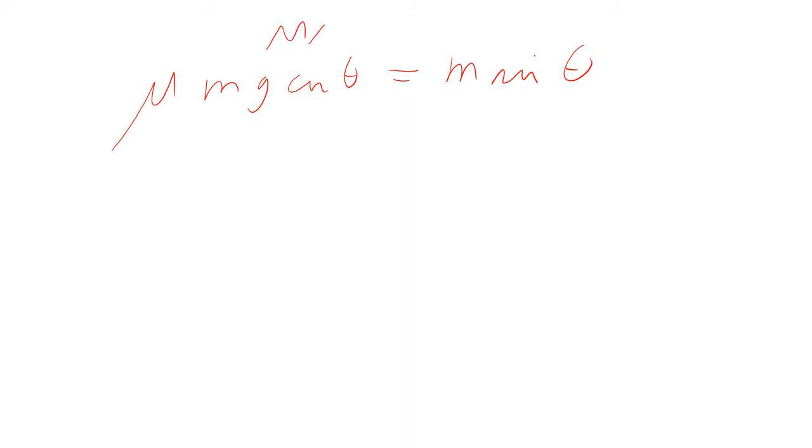This is the maximum condition right here. Normally it's going to be less, but this is the max it can be. So you notice what happens as the angle gets bigger here: the cosine gets smaller and the sine gets bigger. So there is a maximum angle.